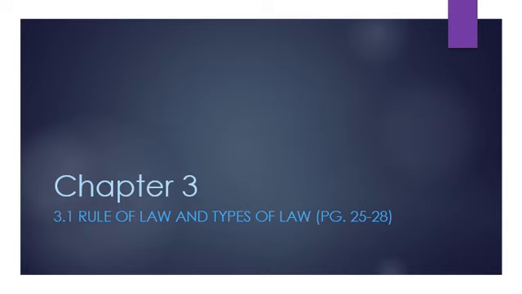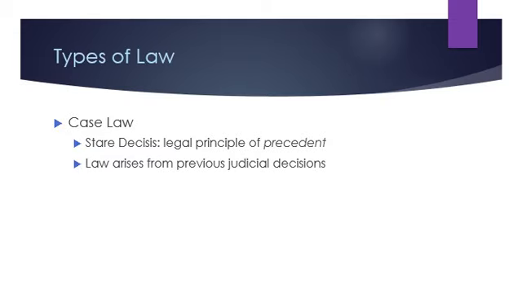To begin, let's define case law. Case law involves stare decisis, which refers to legal precedent, and this means that laws are established based on the outcomes of previous legal cases. Courts are expected to follow the rulings of previous cases, especially if previous cases were decided by higher courts, such as the Supreme Court.